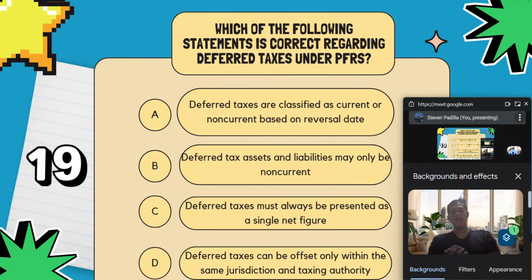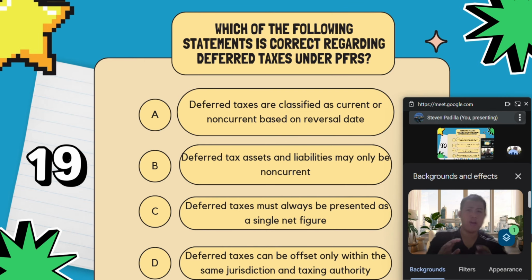Under PFRS, deferred tax assets and liabilities are always classified as non-current. Again, I repeat that from question 16 to 17 and to 18, to jog your memory.